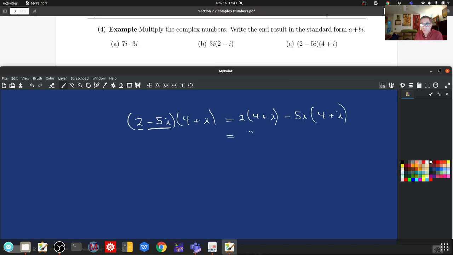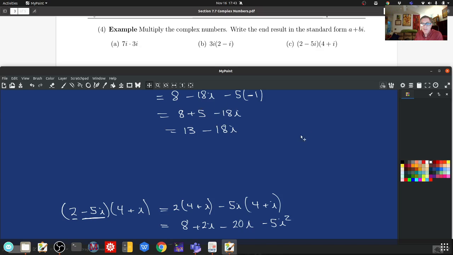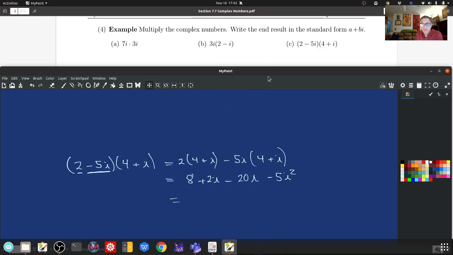2 times 4 is 8. 2 times i is plus 2i. Minus 5i times 4 is minus 20i. And minus 5 times i is minus 5i squared. And that's exactly what we had up here in this step right here.